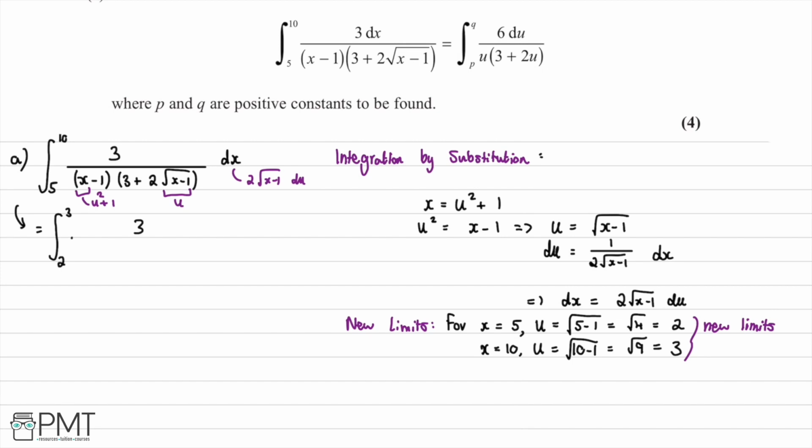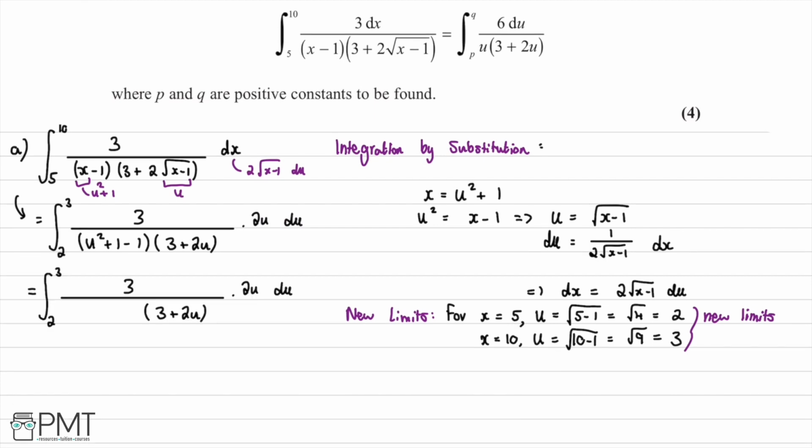So we're going to have 3, divided by u squared plus 1, and then take away 1, and that all stays in this bracket. Then that is going to multiply by 3 plus 2 lots of u, and then we're going to multiply all of this by 2 lots of the square root of x minus 1, which is going to be equal to 2 lots of u, so we have 2u du.